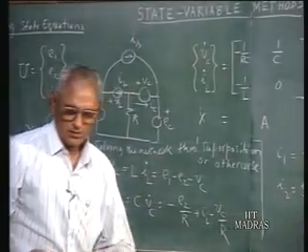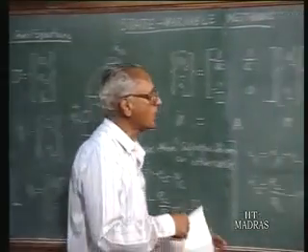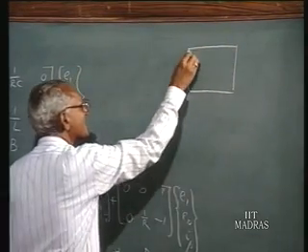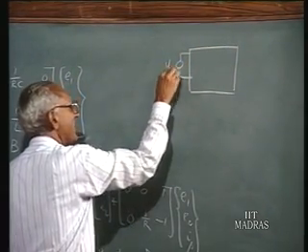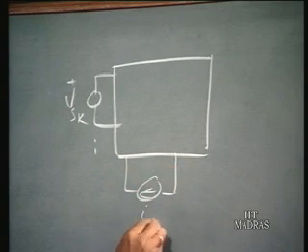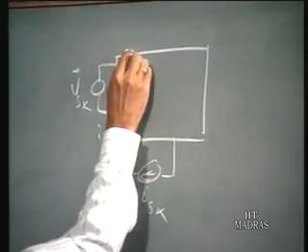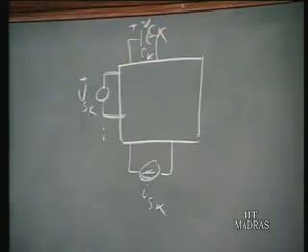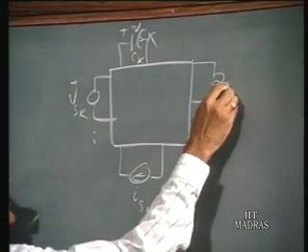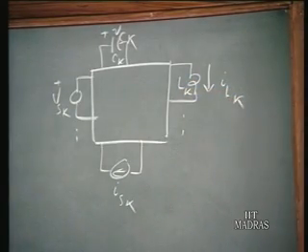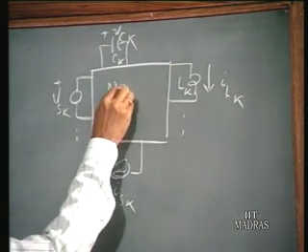Suppose you have a general network in which you have various voltage sources, say VSK, and a number of current sources ISK, and you have various capacitors, CK, with VCK as the voltage across that, and various inductances LK, the current through that is ILK. So you bring the reactive elements and the sources out separately, and whatever is left inside is the non-dynamic portion.